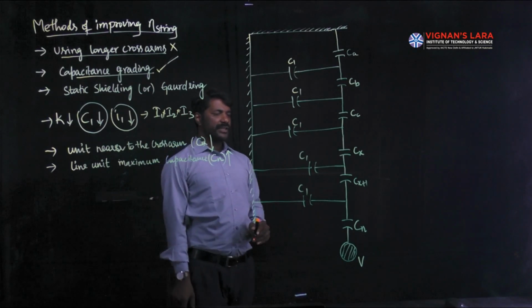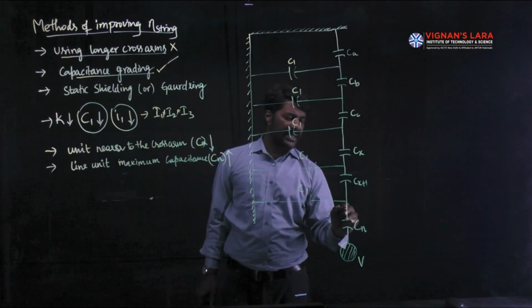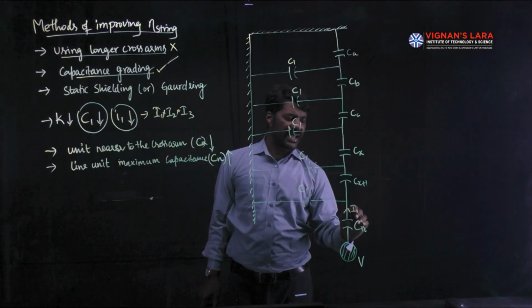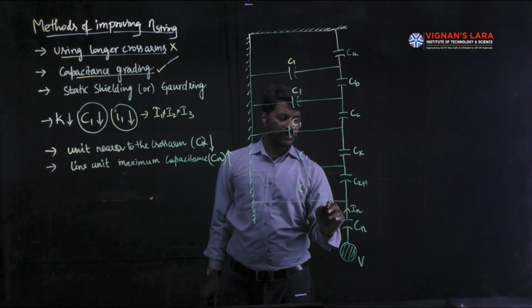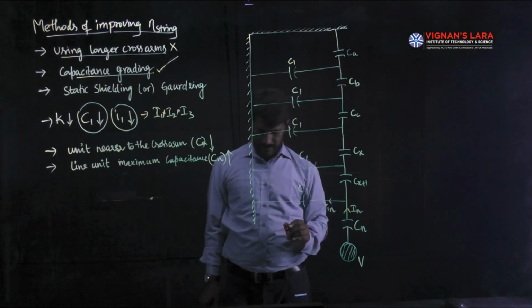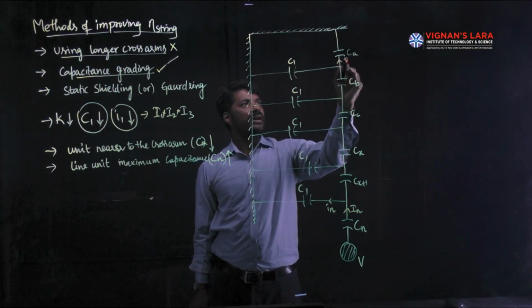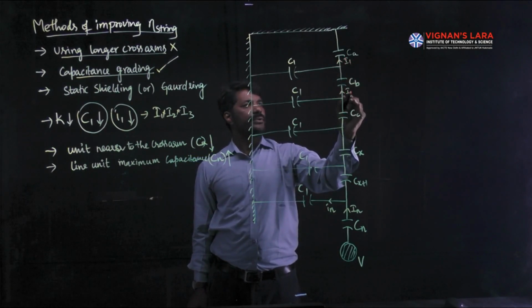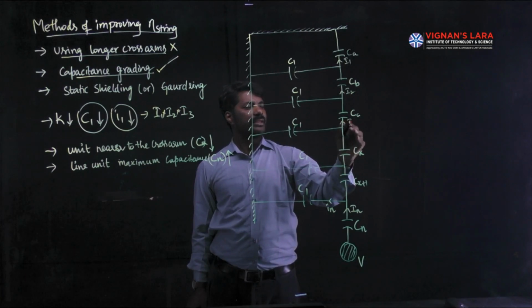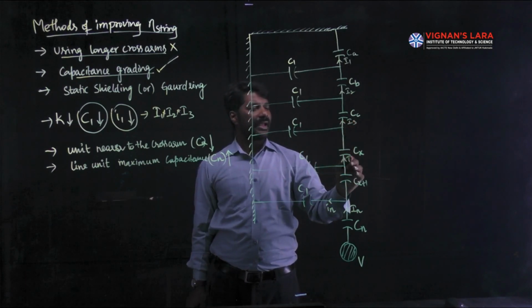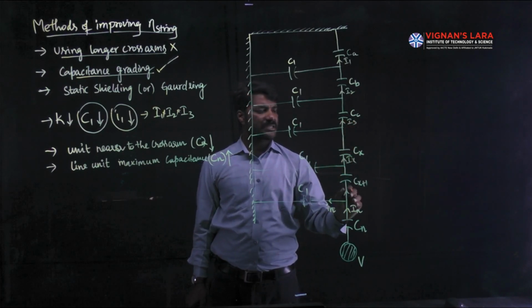Because of this, different currents pass: this is capital IN current and this is small in, and this is I1, I2, I3, IX and IX plus 1.